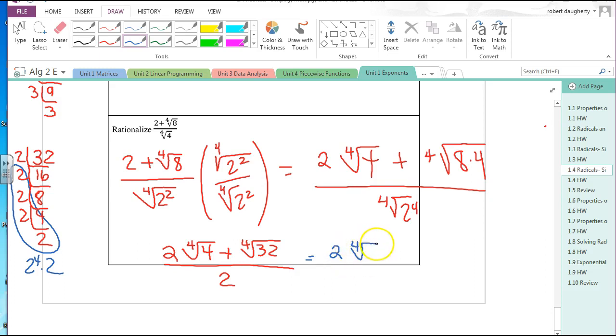So I get 2 times the 4th root of 4 plus the 4th root of 2 to the 4th times 2, over 2. What's the 4th root of 2 to the 4th? That is 2.